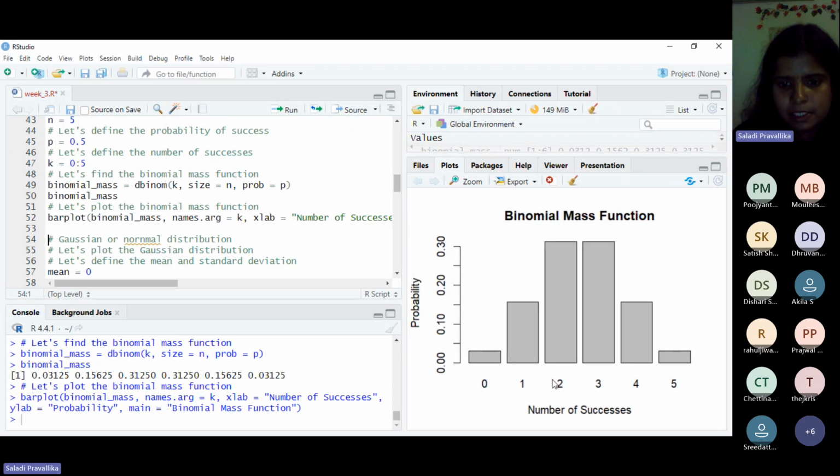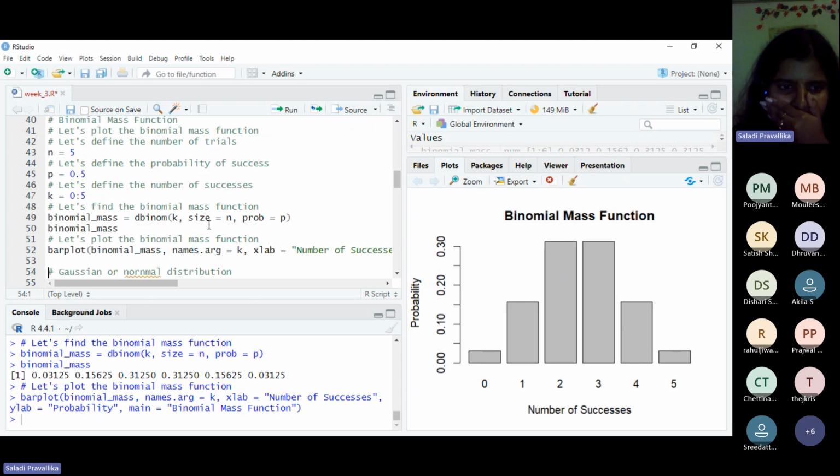So these are the probabilities. The highest probabilities are for 2 and 3, like having two heads and having three heads. When I give this code to you, you guys can manipulate here and there, and you can try it out for yourself as well. Okay.